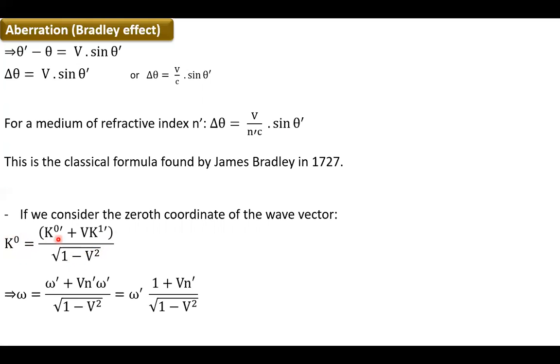So if you replace each quantity by its value, K0 prime is omega prime, V K1 prime is N prime omega prime, or just omega prime in vacuum, over the radical of 1 minus V squared. You can put the omega prime as a common factor. So you will stay with 1 plus V N prime over the radical of 1 minus V squared. So omega is equal to omega prime times 1 plus V N prime over radical 1 minus V squared.